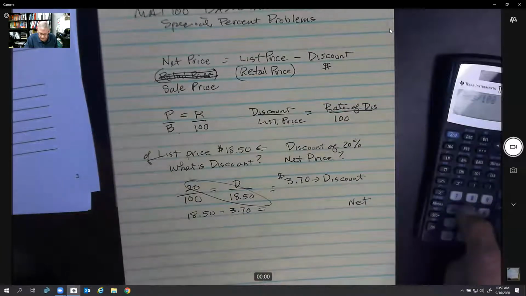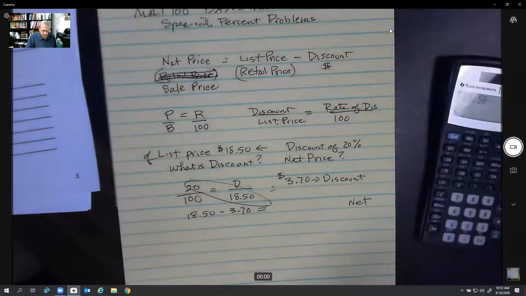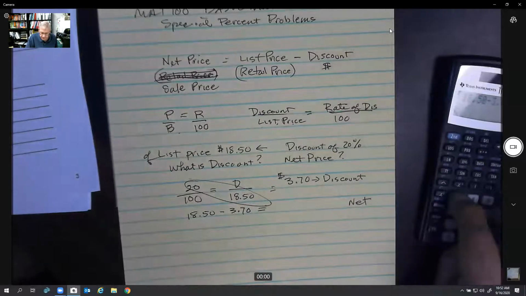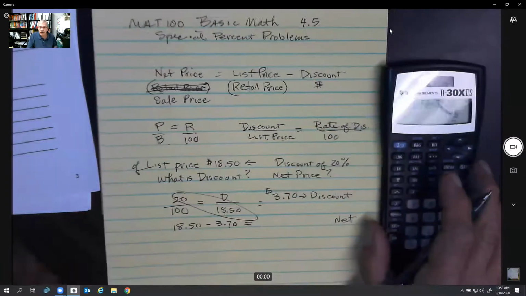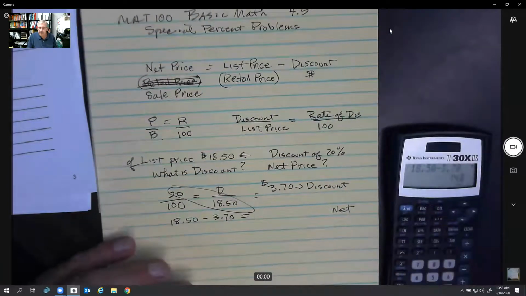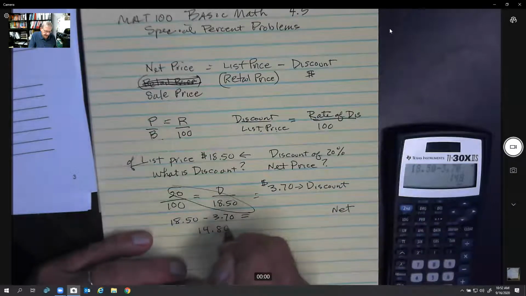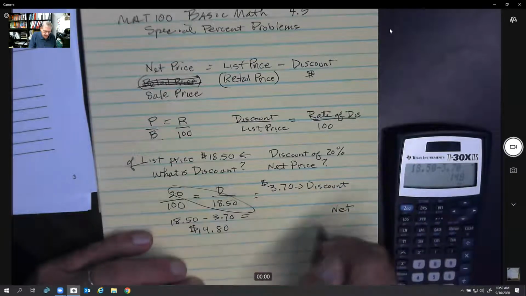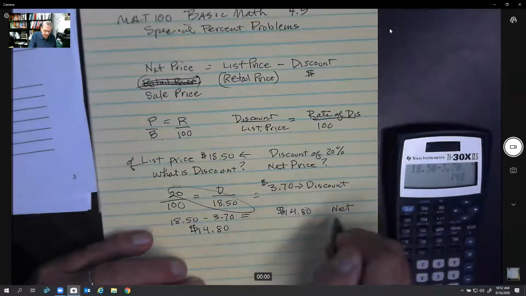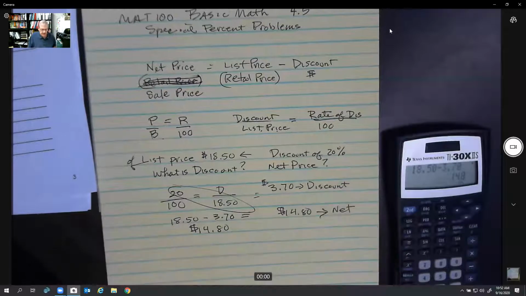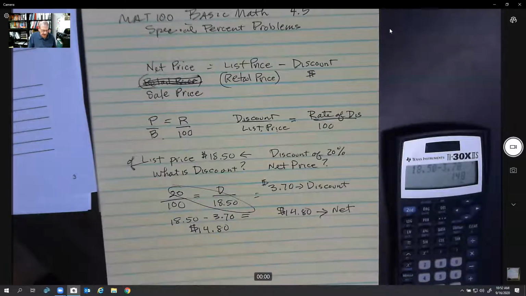So it's 18.50 minus 3.70. I'm sorry, you can't see that too well. Bring it down here. Okay, 14.8, or $14.80. That's your net price. So first we calculate the discount, then we figure out the net price.